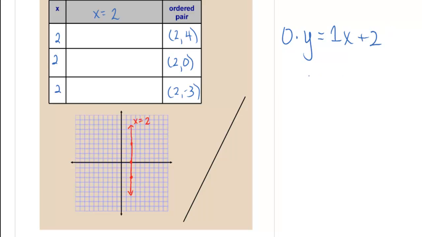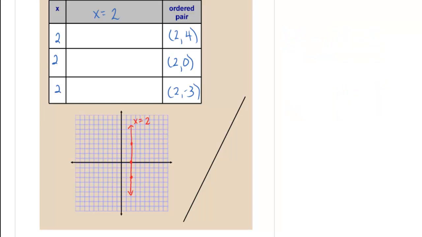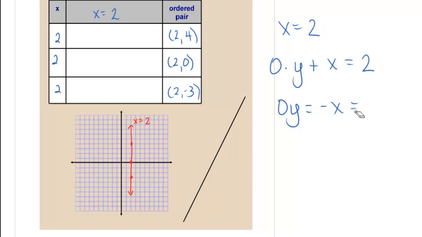So we could switch this around and say, if we were to write this equation out, x equals 2, we could think of it as 0 times y plus x equals 2. Or if you put it in where you saw for y in terms of x, it would actually be not as helpful, but 0y equals -x plus 2.